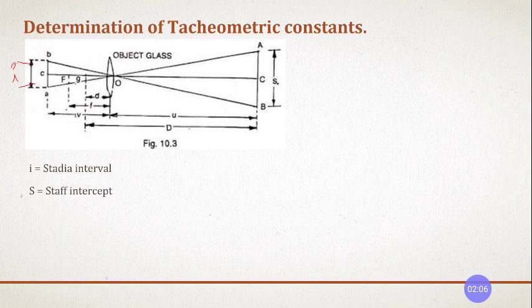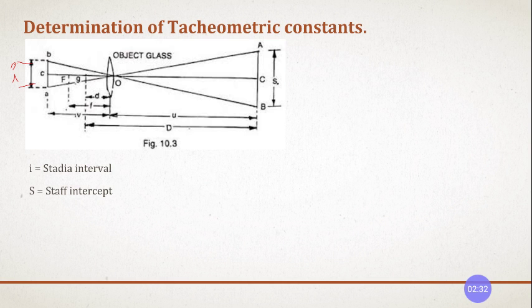S is the staff intercept. What are the stadia interval and the staff intercept? The stadia interval is the distance between the two small crosshairs that are there, those are called stadia hairs, right? The staff intercept is the difference between the two readings taken with respect to the stadia hairs.